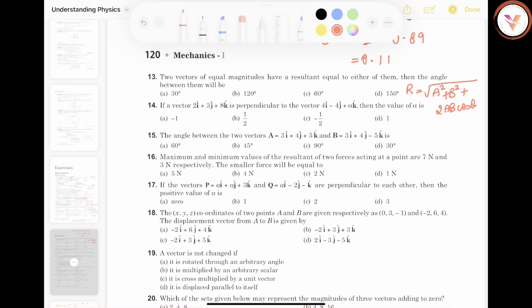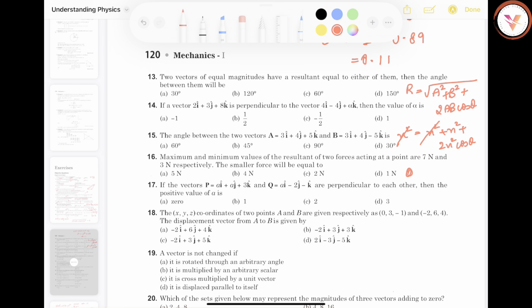Now both the vectors are equal and it is also equal to resultant. So we take all three as x. So it becomes x square equals x square plus x square plus 2x square cos theta. Then this 1 and 1 cancel out each other, and then it becomes 0 here.